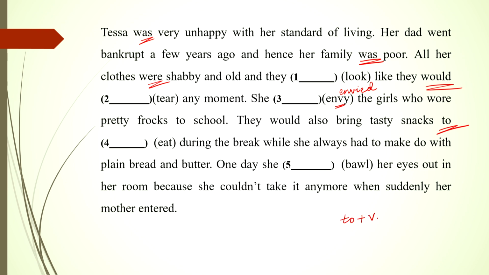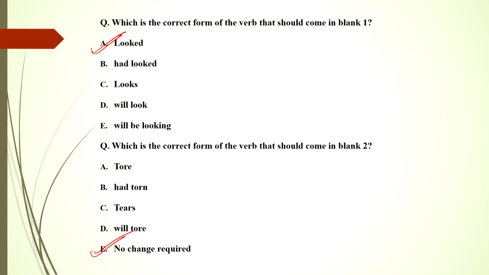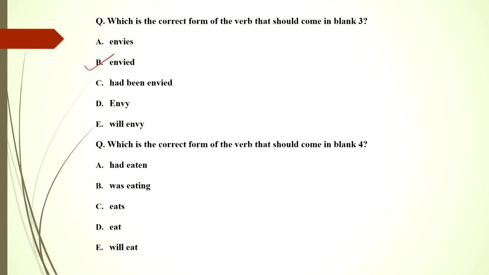Remember, to plus verb's first form. This is your infinitive, right? Hence, we have to use the base form of the verb eat, which is eat itself. Eat is your verb's first form. Hence, option D is the correct option.